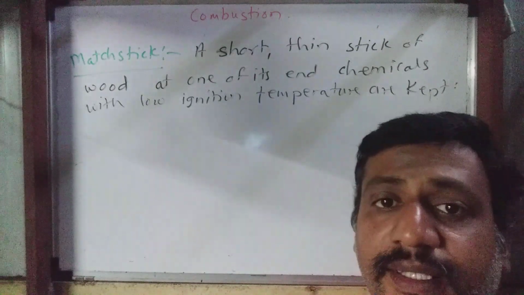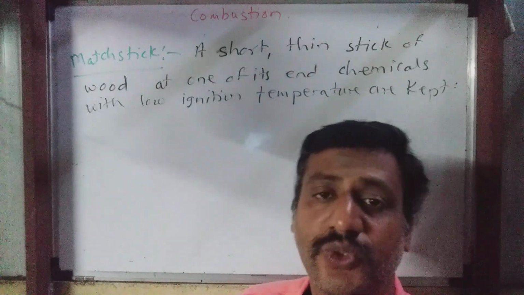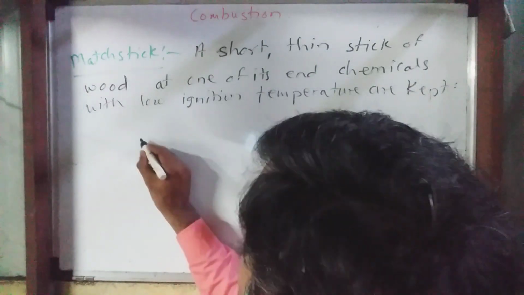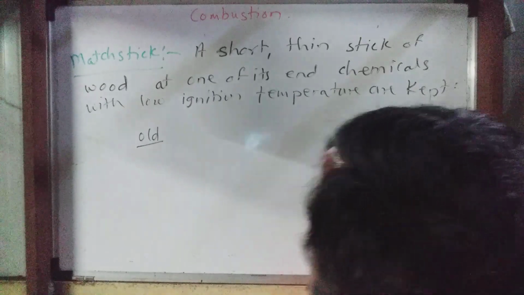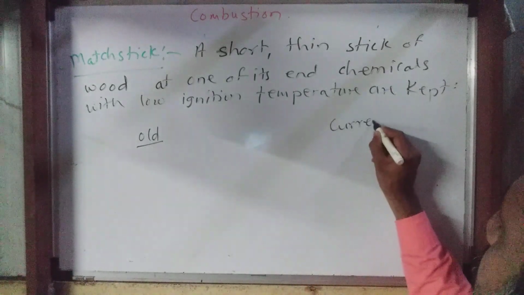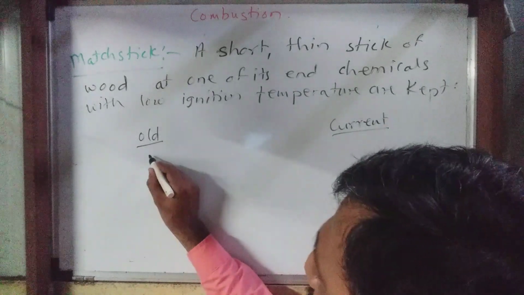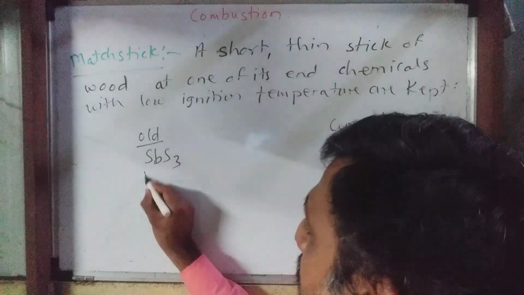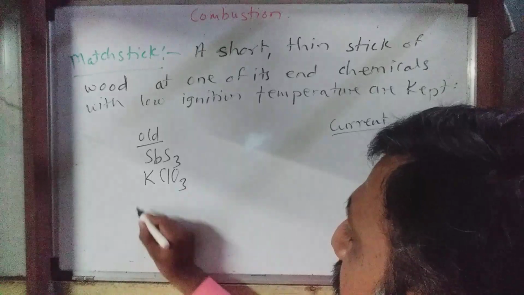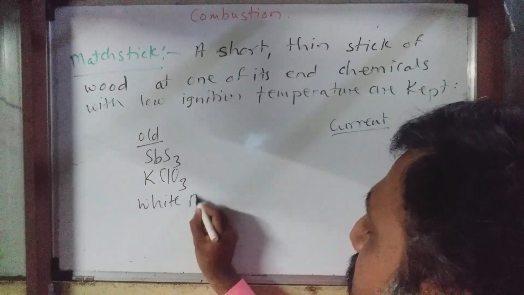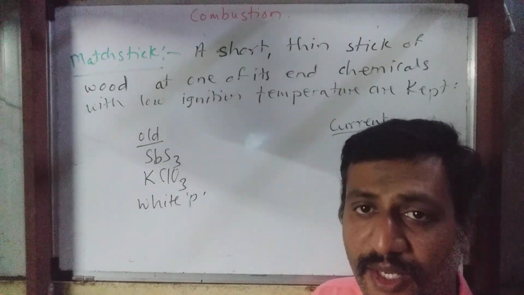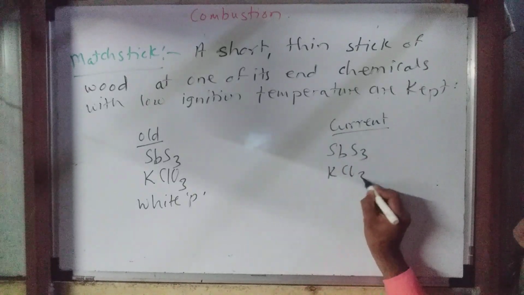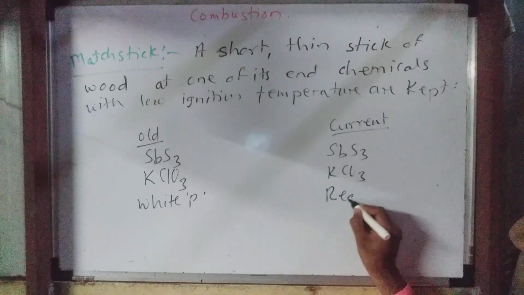So certain chemicals are stuck there. Students, do you know which chemicals are there? In old days, and here in the current days. In old days, antimony trisulfide, SbS3, potassium chlorate, KClO3, and white phosphorus were in use. Nowadays antimony trisulfide, potassium chlorate, and red phosphorus are in use.